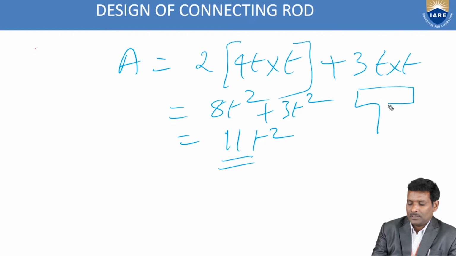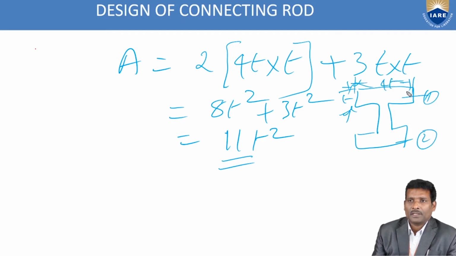See the cross section again: this is a flange and the second flange. The flange has thickness t and width 40. The area of a rectangle is length multiplied by breadth, here 40 multiplied by t, so multiplied 2 times, plus 3t into t, where this is 3t and this is small t.